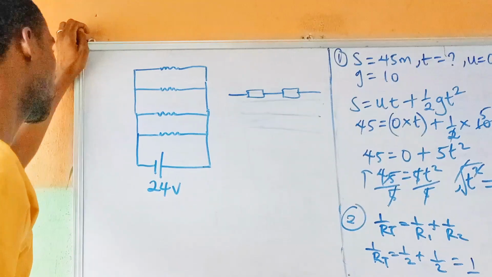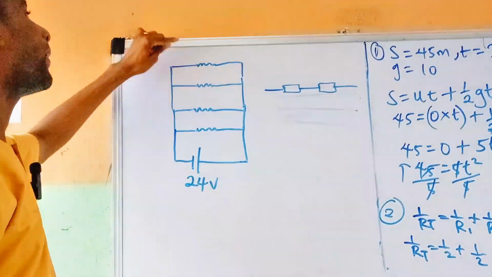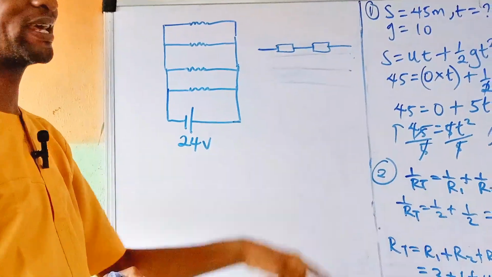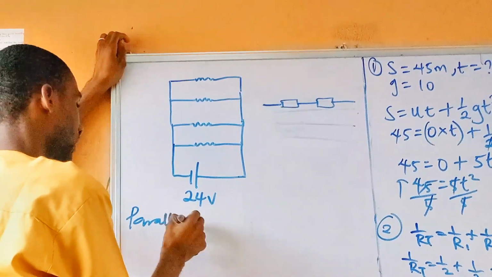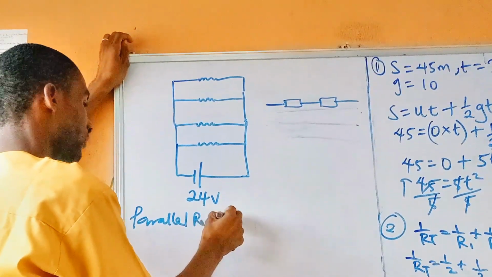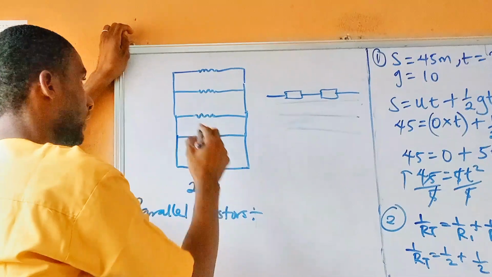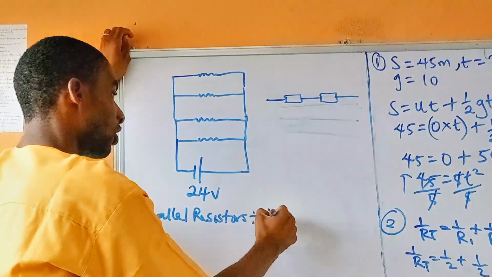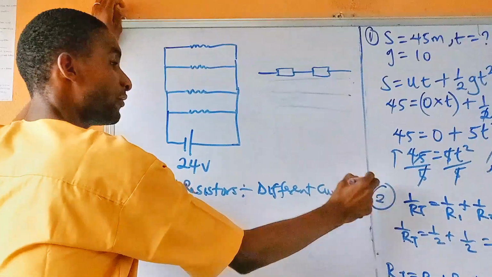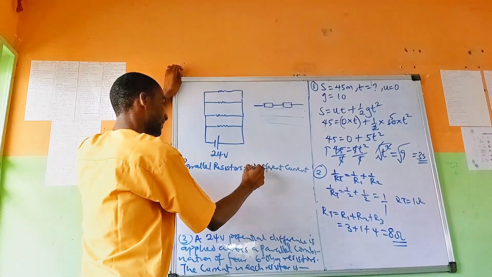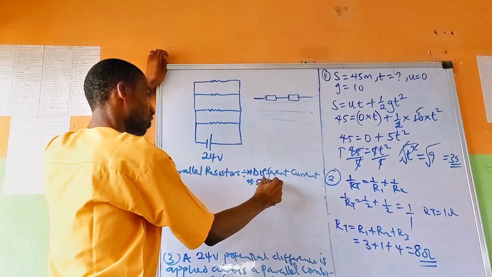So look at this. For parallel resistors, I mentioned earlier, for an arrangement of parallel resistors, different current flows through, but same voltage.